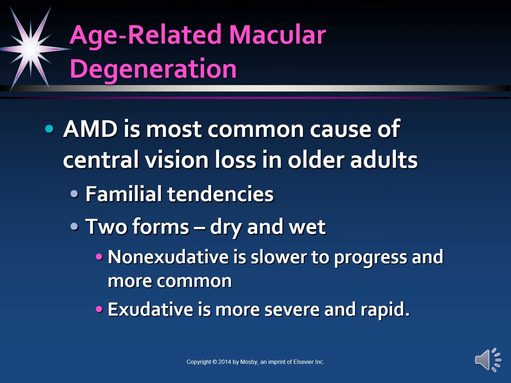And there are some newer monoclonal antibody injections that can help slow the progression. But there's very little aggressive treatment that's really going to improve. Clients may need large print, magnifying glasses, increased lighting, all of those types of interventions.